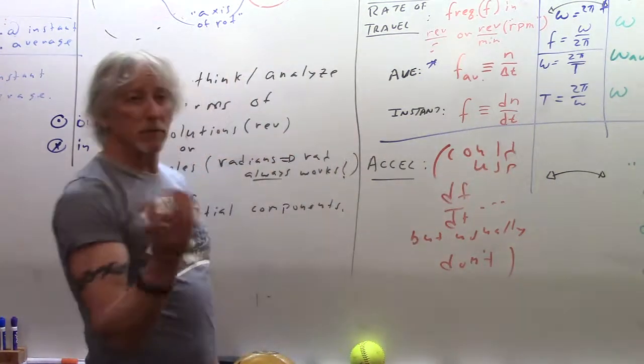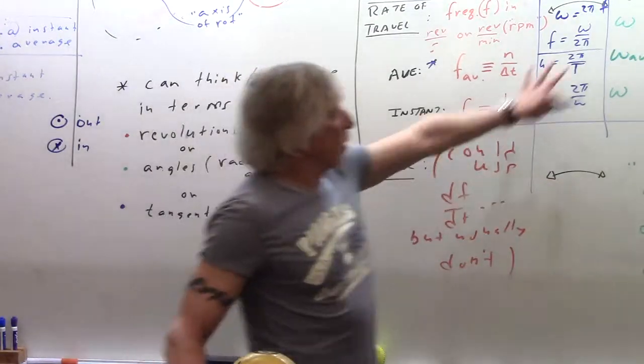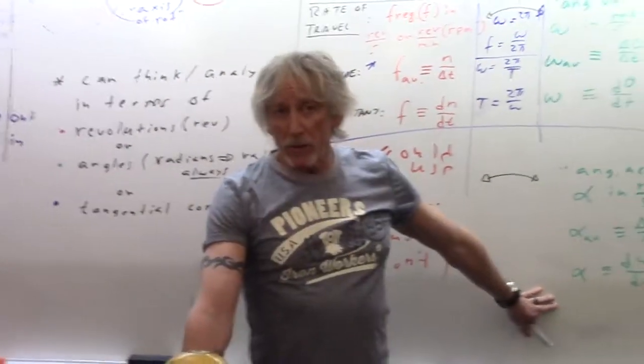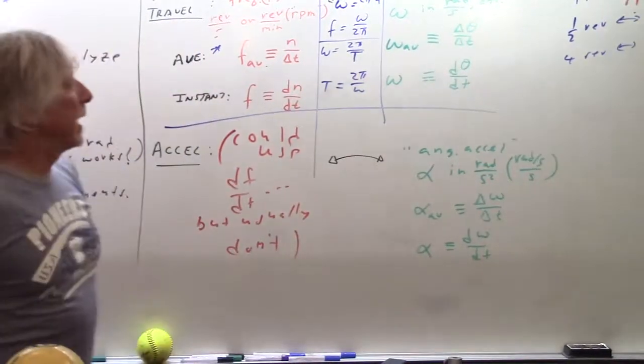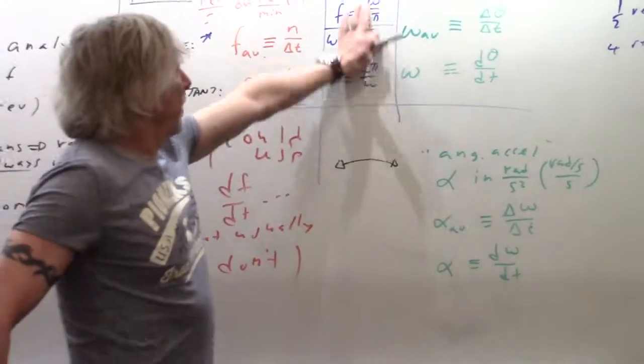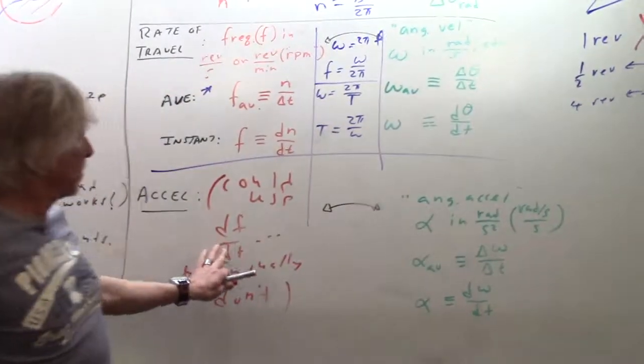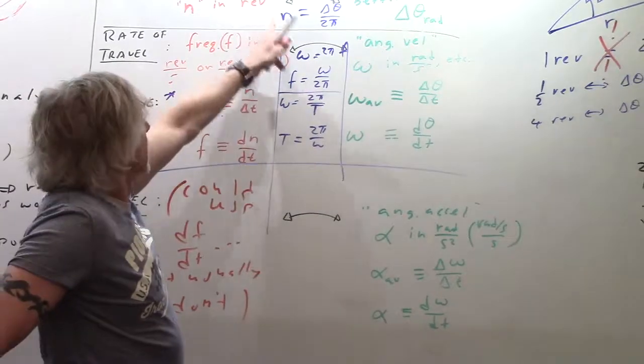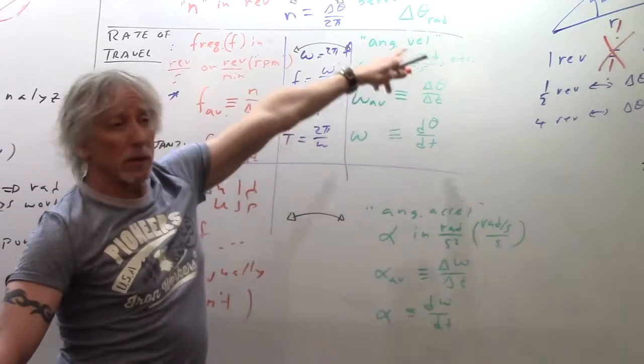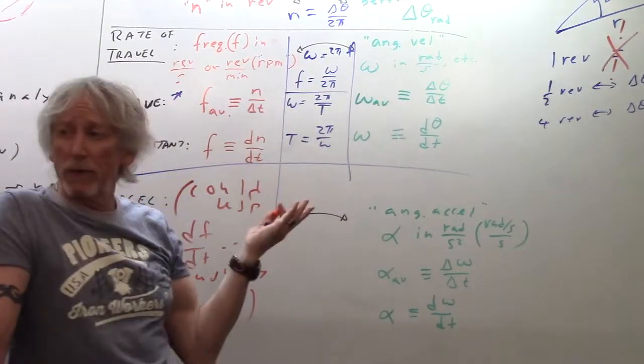Not to say you can't, sometimes you can. Usually we'll work in terms of angles. And when we do angles, of course the factor would still be 2 pi because the only thing we're changing is, again, revs to radians and radians to revs by that 2 pi factor.